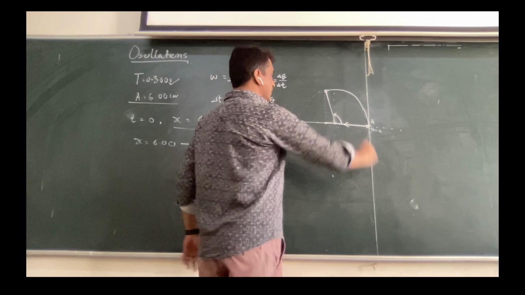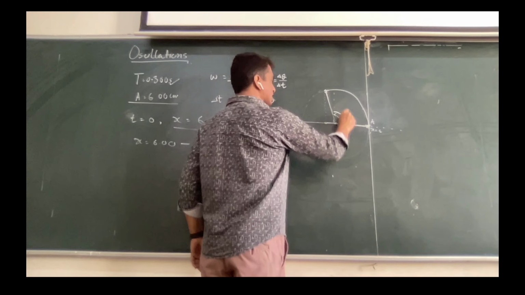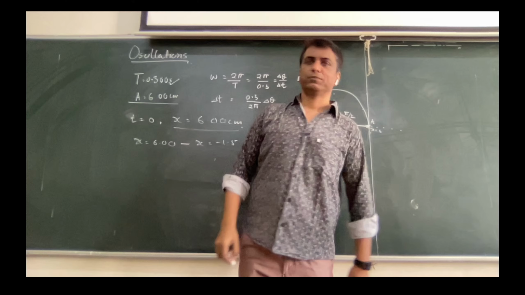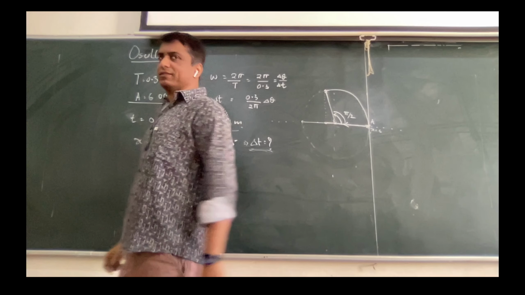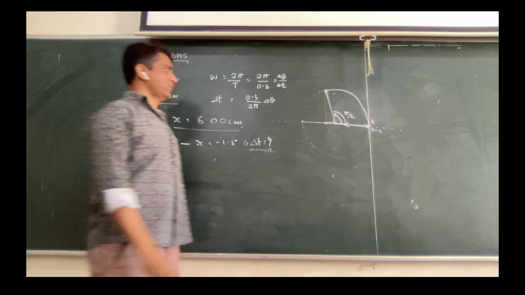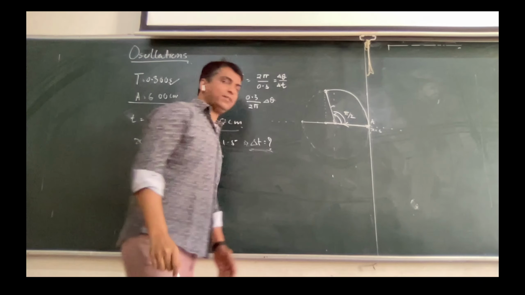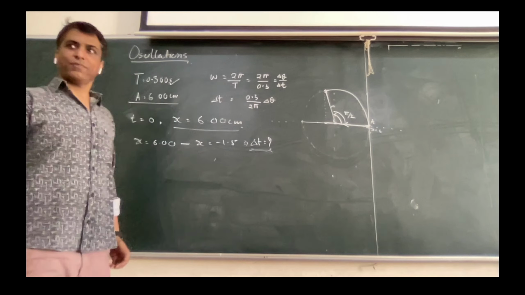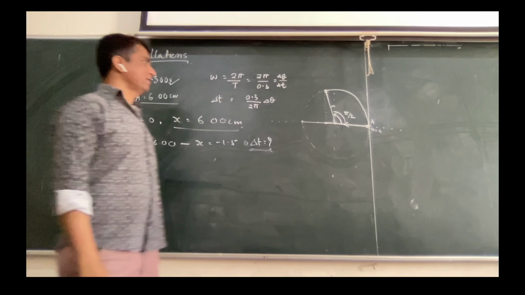Now, delta theta is, this angle is 90, which is pi by 2. Correct? What is this angle? How do I find it?